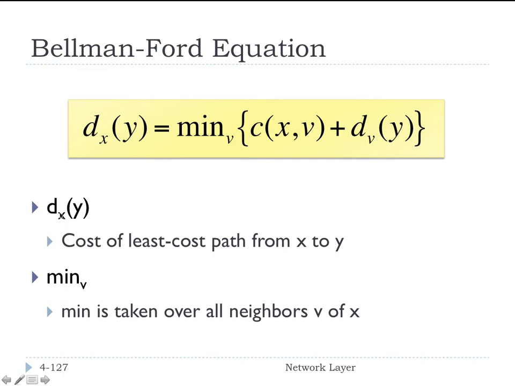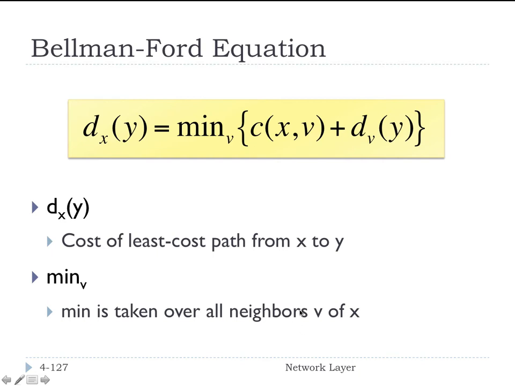So we can think about x as the source and y as the destination. And d is the least cost, the distance. What we're saying here is that the least cost path from x to y is the minimum of the cost from x to v plus the least cost path from v to y, of all the possible v's that exist in the network.